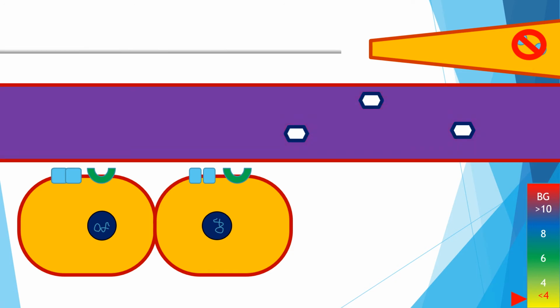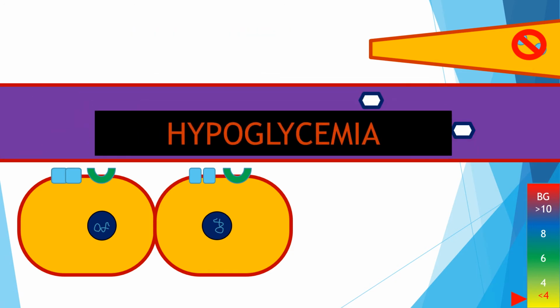The result is a lot more stimulation of the blood glucose absorption into the body cells, which will decrease the blood glucose very, very low in our body. This condition is called hypoglycemia.